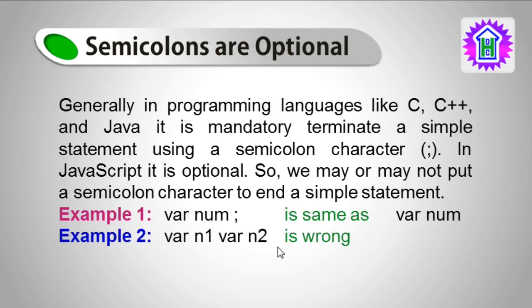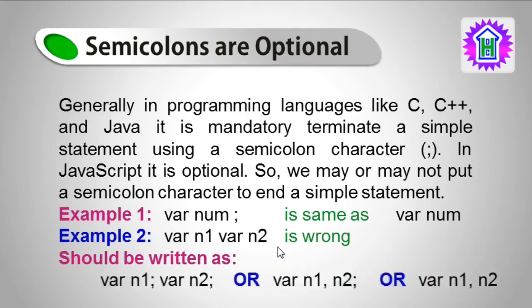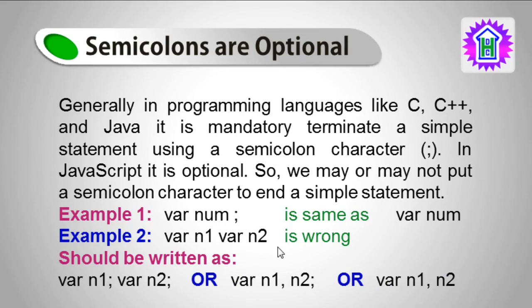Another example is var n1, var n2, but it is wrong, because there is no separator in between. We cannot declare two variables like this. It should be written as var n1 semicolon var n2.